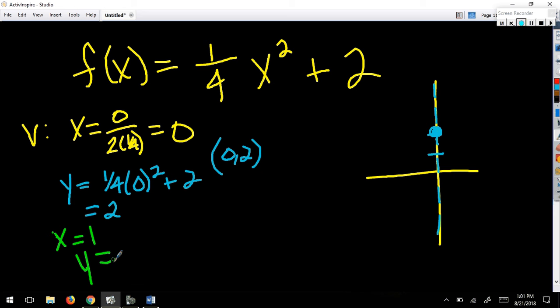And when we plug it in, 1/4 times 1 squared plus 2. 1 squared is 1, times 1/4 is 1/4, plus 2 is 2 and 1/4, which we don't like mixed numbers like that, so we make that 9/4. But it really doesn't matter.